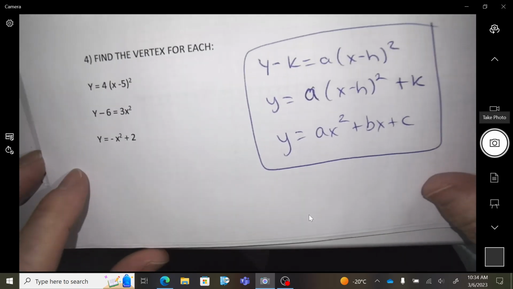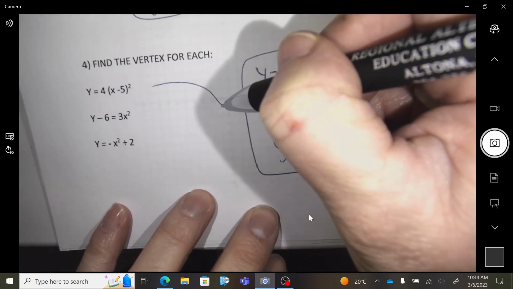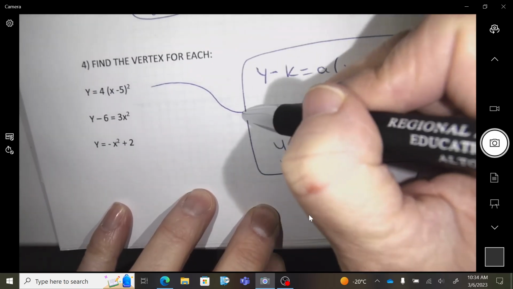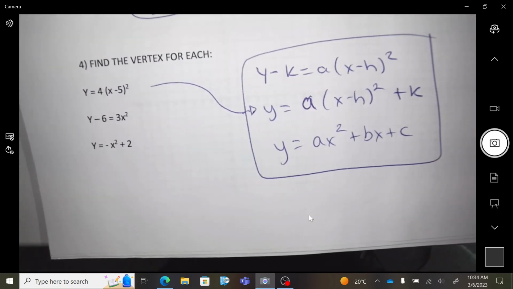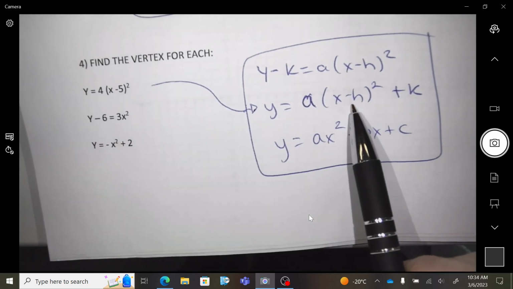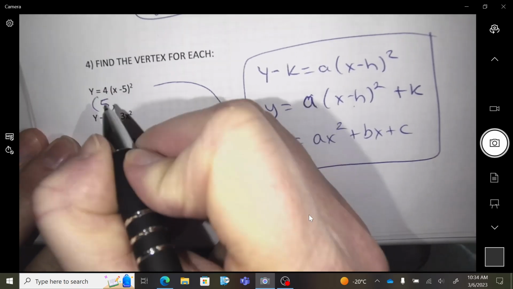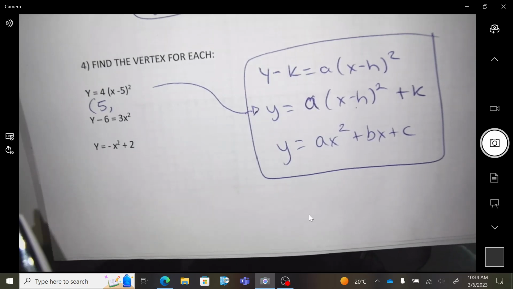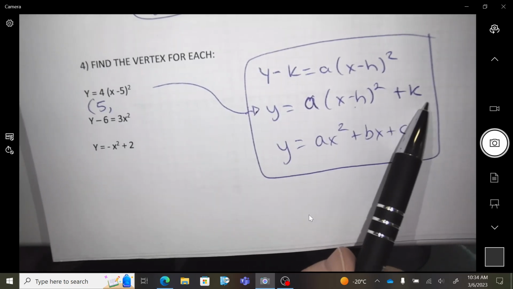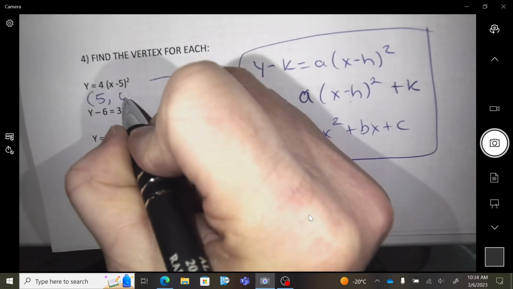All right, so the first one, I would probably connect it to that to compare it to. And so this would be opposite, so positive 5. And then looking at the part after, there's no number there. So then this would be 0.